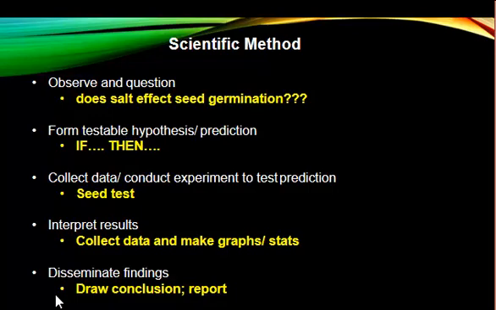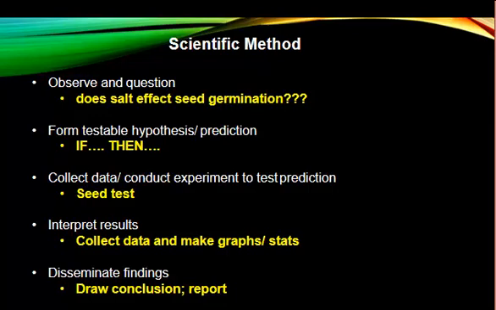Then we form a hypothesis from our question or make some type of prediction. And I recommend for this course and this year in your SMA life that you form a testable hypothesis using the if-then rule, which I'll go over in a lot of detail as this slideshow goes on. Then we collect data, conduct the experiment, which was the seed test that we set up.